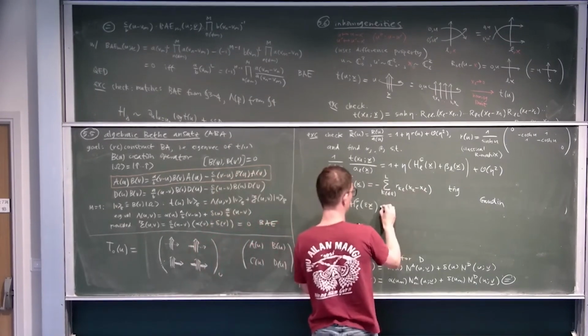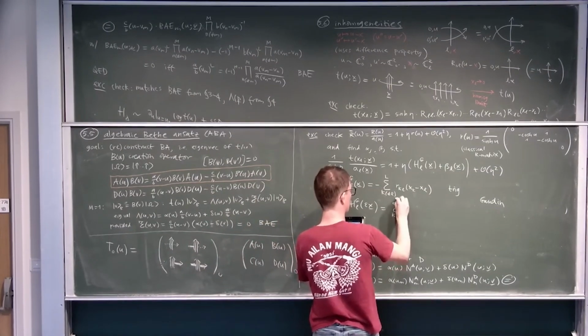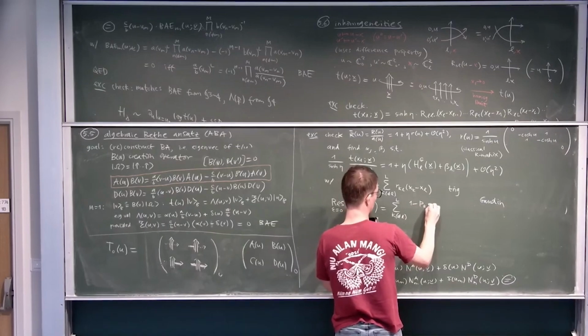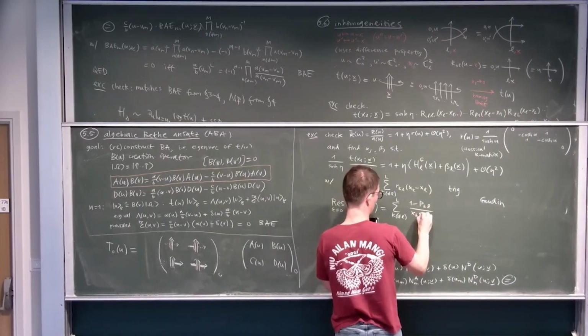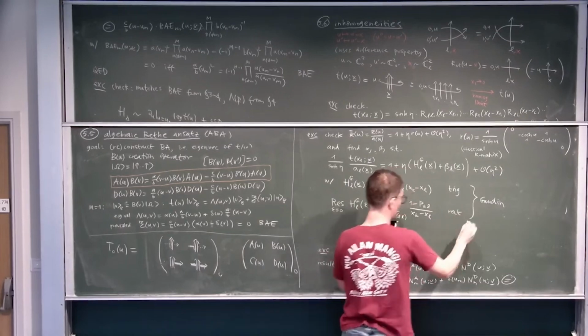Then from this Hamiltonian you get the sum over k not equal to l, and then you just get 1 minus P_kl divided by x_k minus x_l. But this is the rational Hamiltonian.